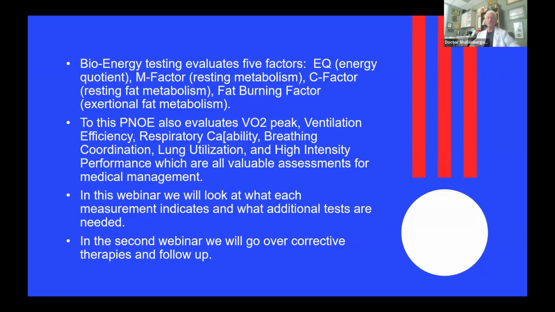All of these things are valuable assessments for medical management. And that's one reason I joined up with PNOE. I just want to bring this message out to all my medical colleagues. We need to be doing this. We need to be checking all of these things in every one of our patients.